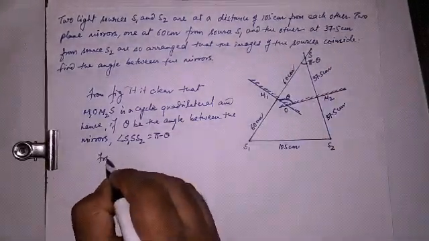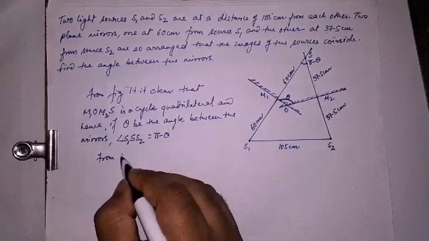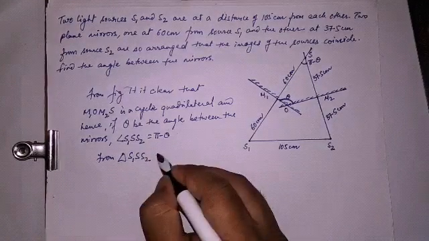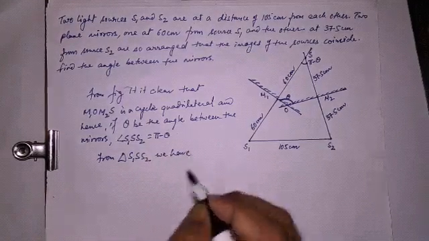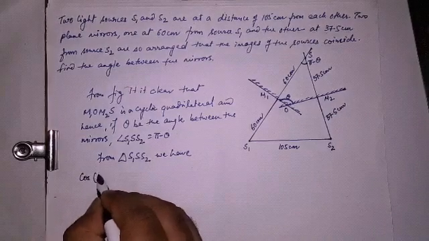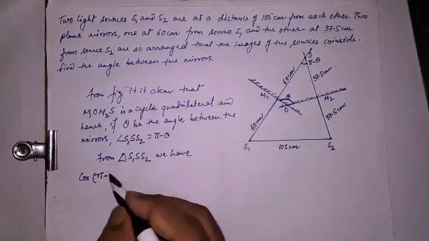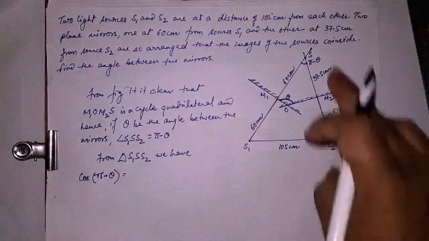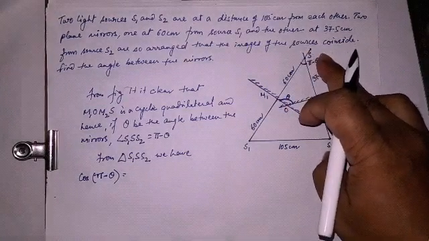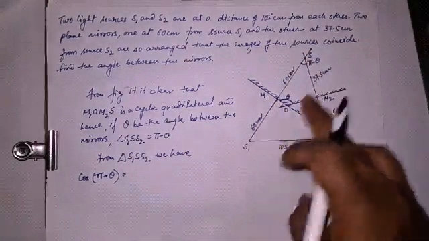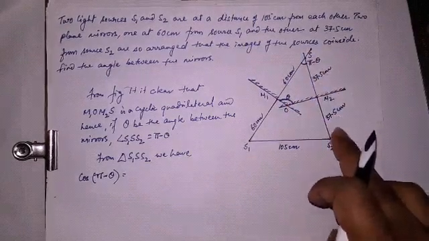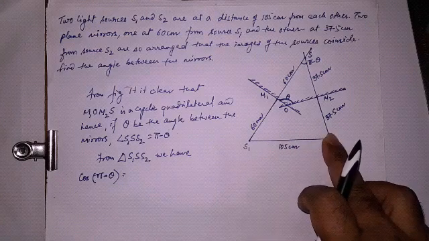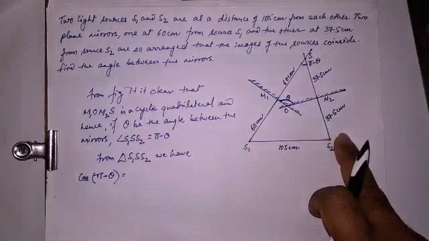So, from triangle S1 S2, we have cos pi minus theta will be equal to how much? Cos of this angle will be equal to the square of this side plus square of this side minus square of this side, divided by twice of this side into this side.